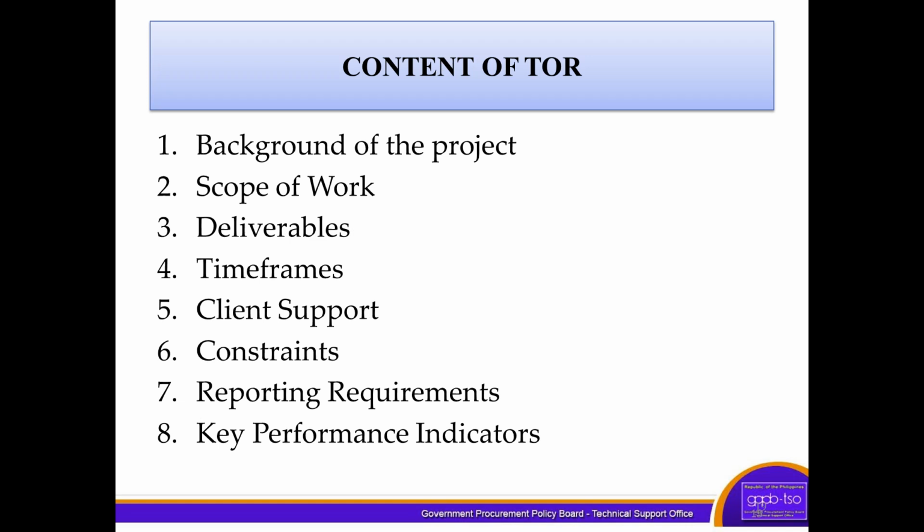When we say deliverables, these are quantified expected outputs. And then we also have time frames, the client supports, the constraints, the reporting requirements, and then the key performance indicators.